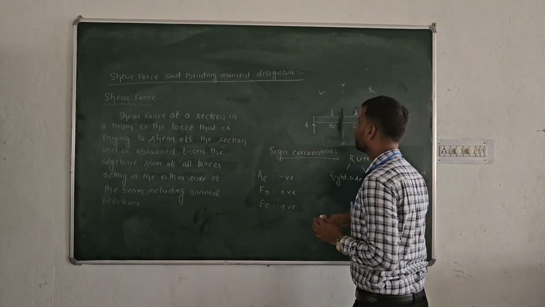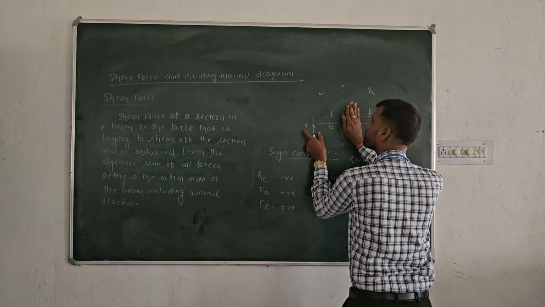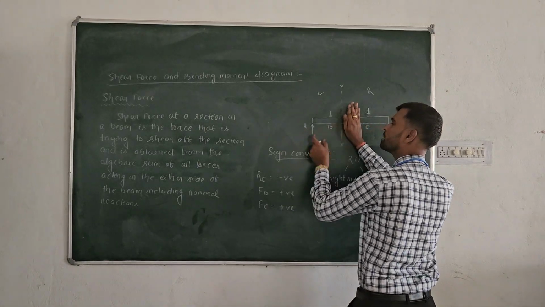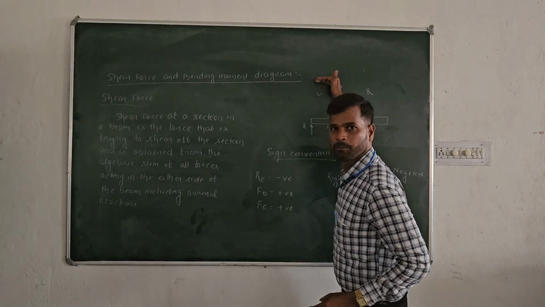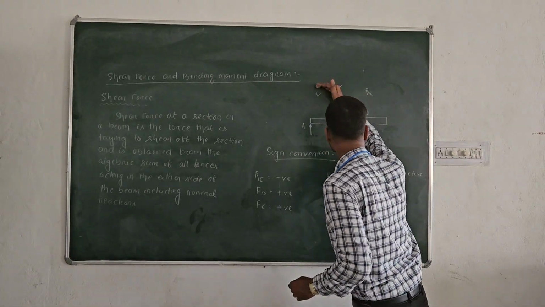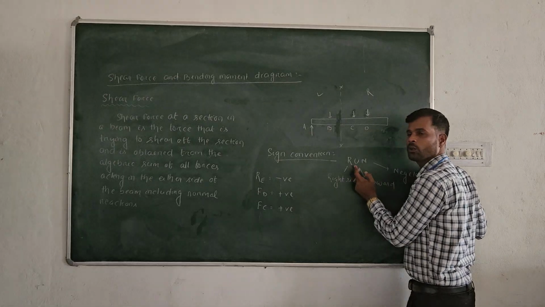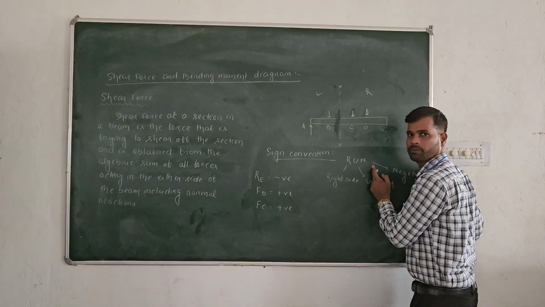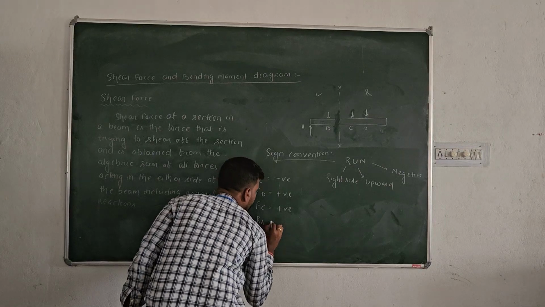Similarly, you see the left side of the member. In the left side of the member, if we assume that only the reaction at A is acting and no other force is acting, then this member will go upward. If the right side going upward is negative, then the left side going upward is positive. So that means RA is positive.